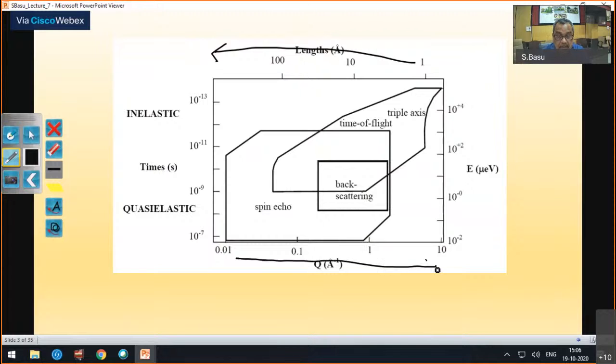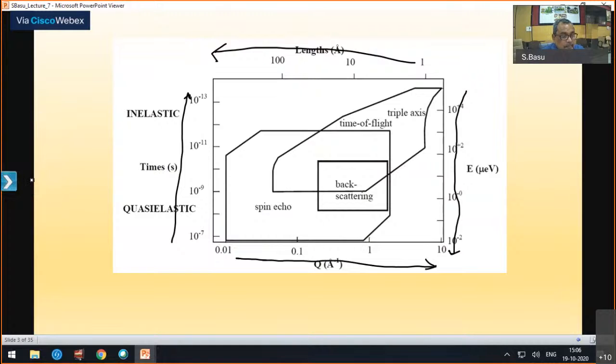That means the angles. And similarly, when you go to faster and faster inelastic processes, we have to go to higher and higher neutron energy transfer. So these axes are counter moving, if I may say.